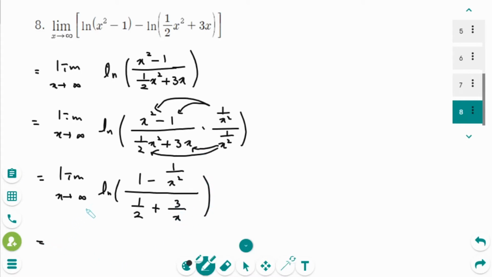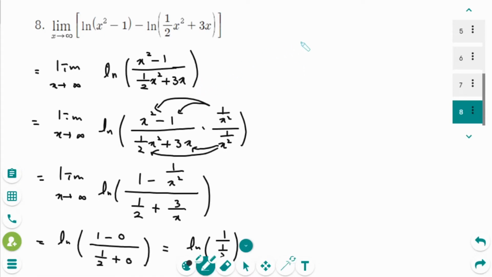And then put infinity into x. So ln of 1 minus 1 over infinity squared, which is 0, over one half plus 3 over infinity, which is 0. So this is ln of 1 over 1 over 2. It's like a complex fraction. Let's think about this one.